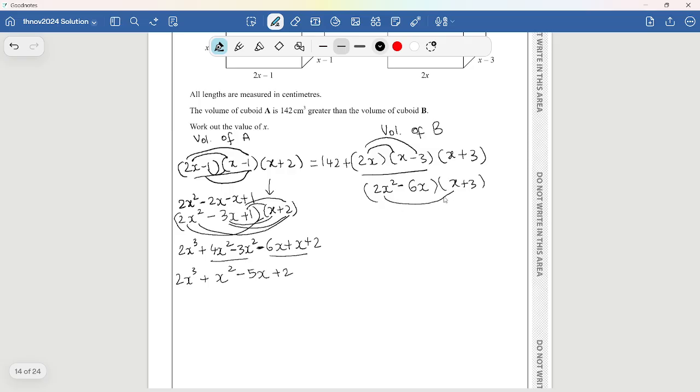So I multiply this with this, with this, and these. So 2x squared times x is 2x cubed. 2x squared times 3 is plus 6x squared, then 6, so that's minus 6. Minus 6x times x is minus 6x squared. Minus 6x times 3 will be minus 18x.